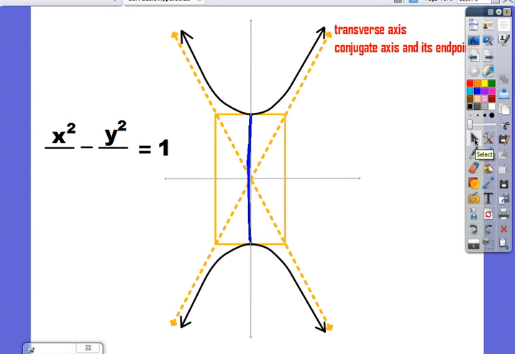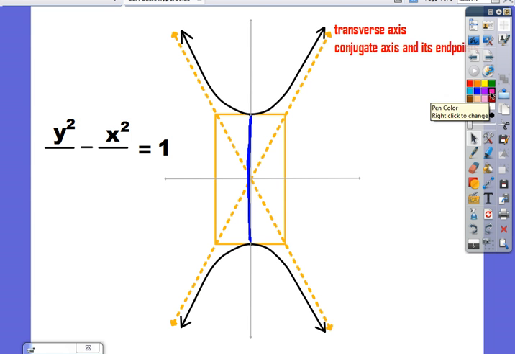Now watch carefully what I'm about to do. Do you see this equation over here? Since this hyperbola is opening up and down, what actually happens is we have to put our y squared first. So when you see an equation that has a y squared minus the x squared, that's your indicator that y is in charge and your hyperbola opens up and down.